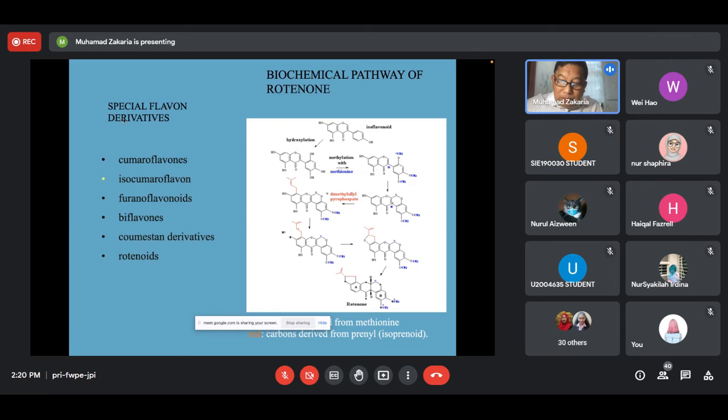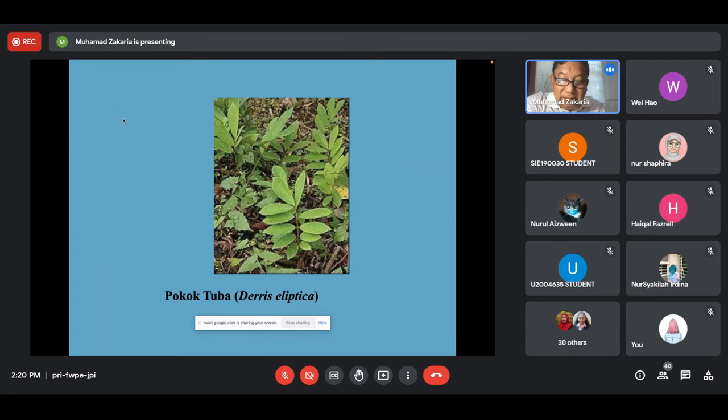So the structure below, rotenone, comes from a plant found in Southeast Asia. There is pokok tuba, there is elliptica, there is malaccensis, and many other Derris species.